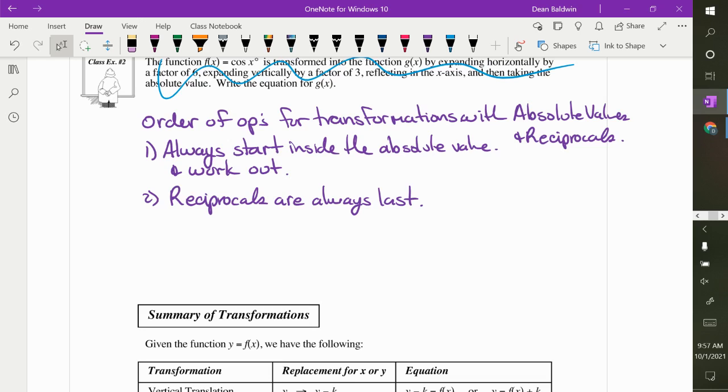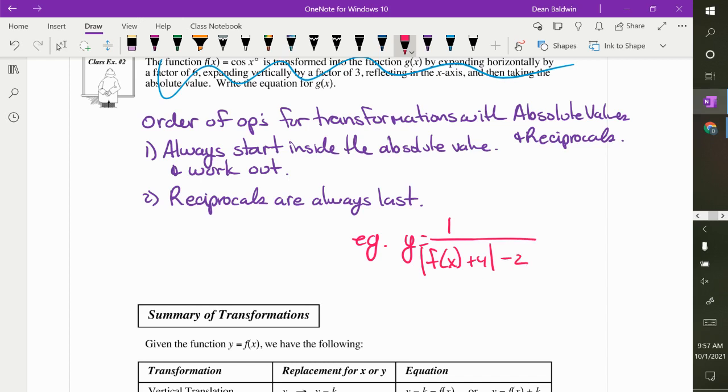So if you have something that looks like this, y is equal to 1 over f of x plus 4 absolute valued minus 2.